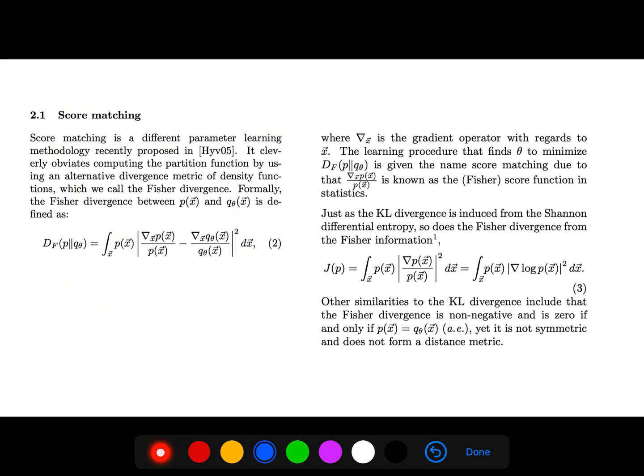Score matching is a different parameter learning methodology, first proposed by Hyvärinen, this Finnish researcher, in 2005. Formally, we can say it's the Fisher divergence between P and Q. Q theta has theta, which means that we want to learn it. P doesn't have theta, which means it's the absolute truth, but we don't know it.